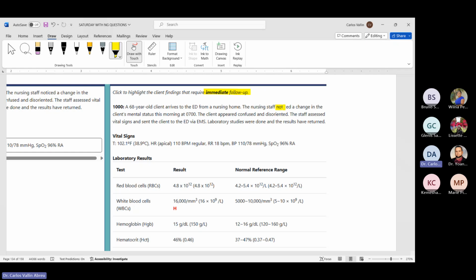But noticing a change in the client's mental status, acute, as described here, is important because you know that in old people, different alterations of homeostasis, like the oxygenation, like the electrolyte levels, especially sodium, like blood pressure, especially hypotension, like infections, can present only with alteration of the mental status.